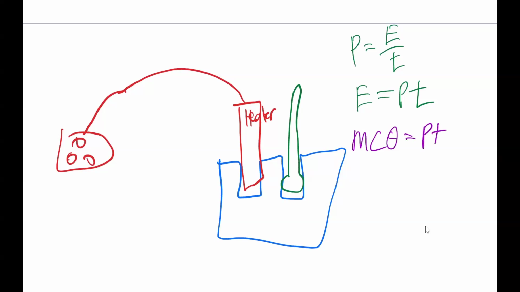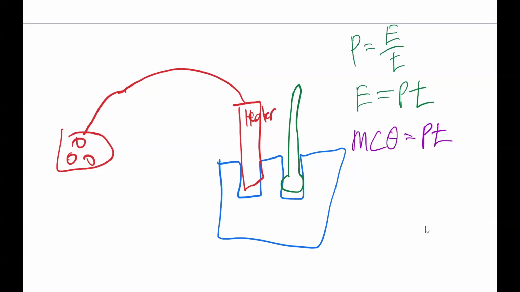So mc theta would be equal to power times time. If I want to bring this to a specific temperature, I need to power it up for a certain amount of time, with a certain amount of mass, and I need to know the specific heat capacity of this aluminum block. Sounds confusing, right? Don't worry, later on there will be exercises to explain more on this. But essentially, this is the calculation to convert electrical energy into heat energy.